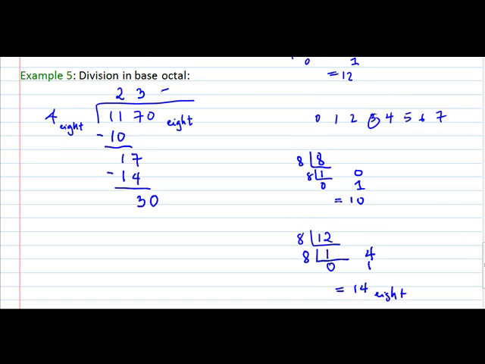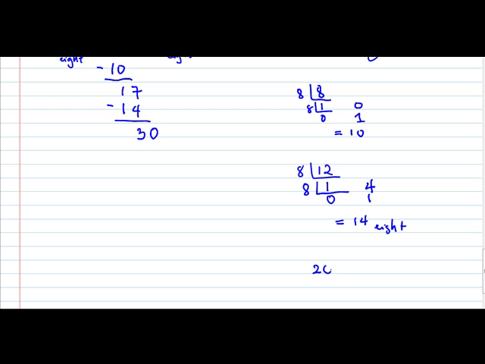If you choose 5 in base 8, 5 times 4 in base 8 is 20 in base 10. And then convert this into base 8, 8 goes into 20 two times. It's 16, remainder is 4. 8 goes into 2, 0 times with 2.